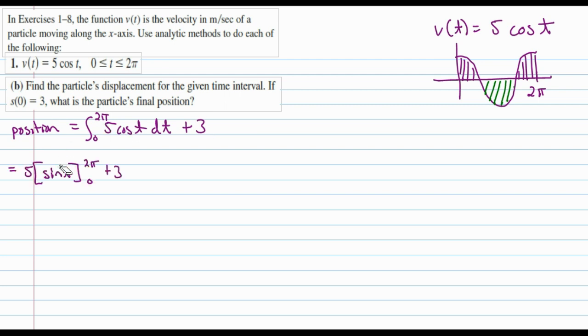I can do that displacement by hand without a calculator. Integral of cosine of t is sine of t, and then I'm going to evaluate that from 0 to 2 pi. And then, of course, I'm adding my 3 on the end for the initial position.